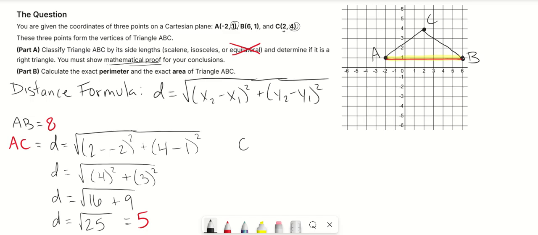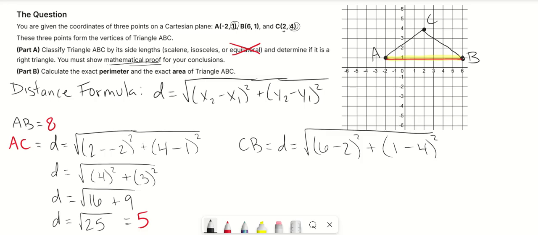Now we have to check side CB. We're going to need to plug into the distance formula. All right, and this time x2 is going to be the x value of coordinate B, which is going to be 6, minus the x value of C, which is 2, squared, plus the y-coordinate of B, which is 1, minus the y-coordinate of C, 4.